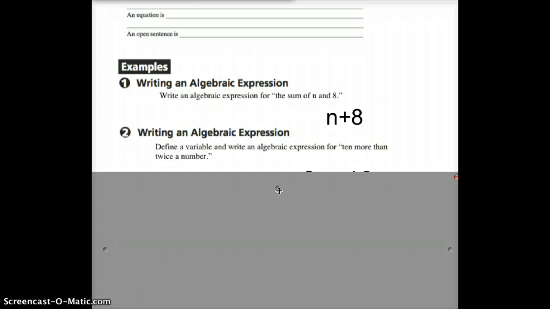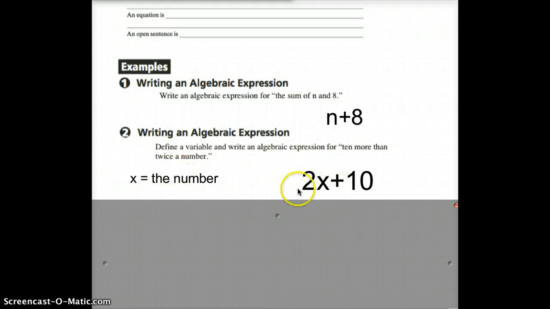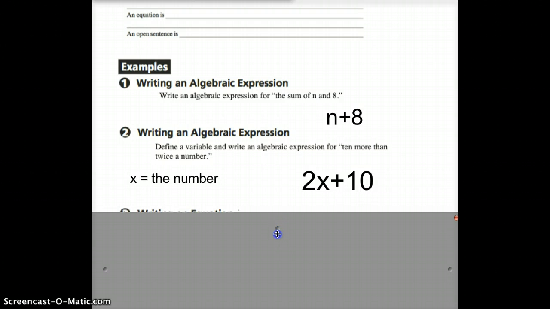To twice a number. Twice a number is 2 times a number, and so we write the expression 2 times our number, which is 2x, plus that 10 more, okay? And notice how I have identified my variable as x. It's just a quick piece of information that you should always write down.